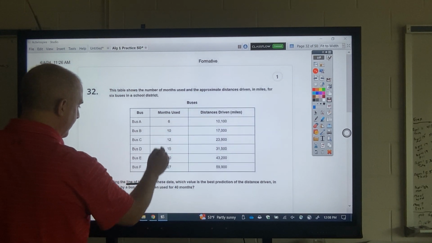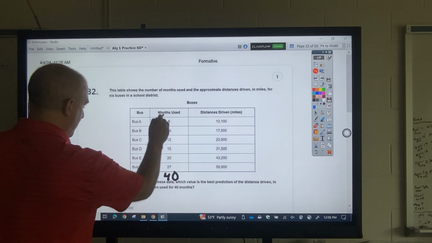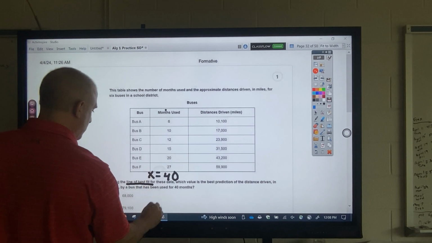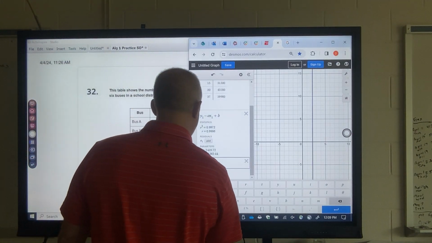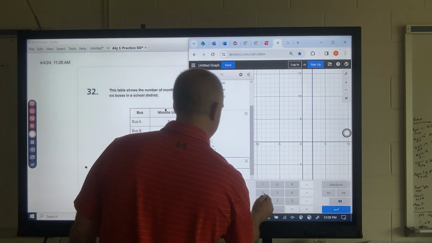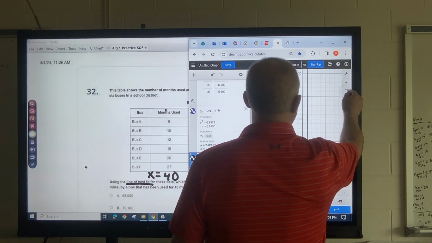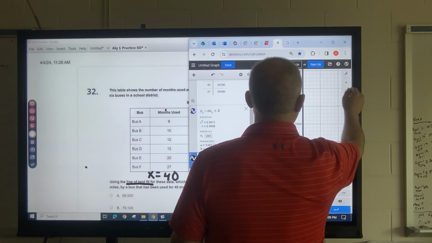Well, where would the 40 go in this column? That would go here for months. So that's x equals 40. So in this third line, I type x equals 40, and I'm going to find where that crosses.